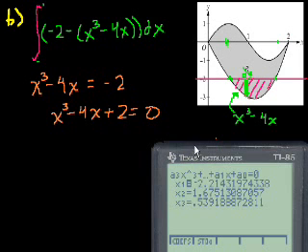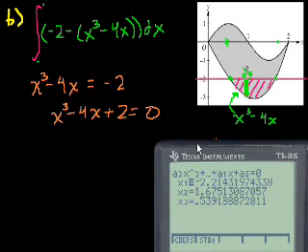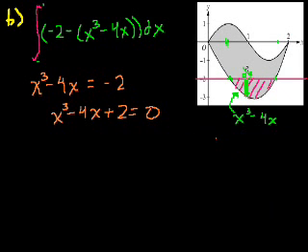So we can use those values that our graphing calculator gave us and put them into our definite integral. So this point right here, our polynomial solver told us is x is equal to 0.539. So we'll put 0.539 here. These are our limits of integration for our definite integral, right?